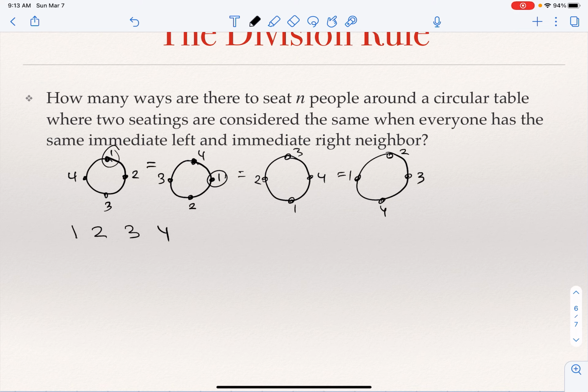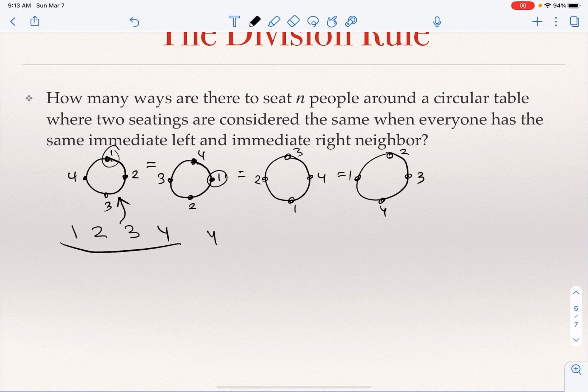And these 1, 2, 3, 4, let me designate the top of the table as the first one. Then going clockwise, I will put the second, the third, and the fourth. So this here is really this one. Now, if you look at the second one here, it is the 4.